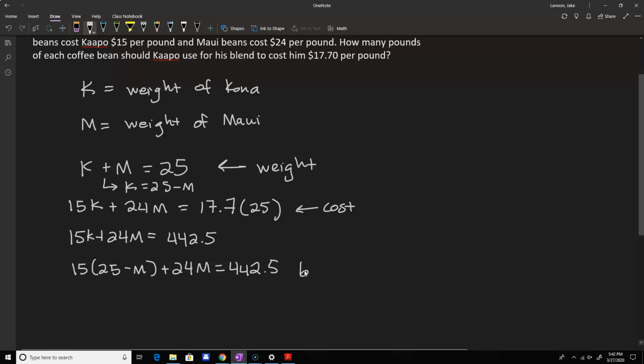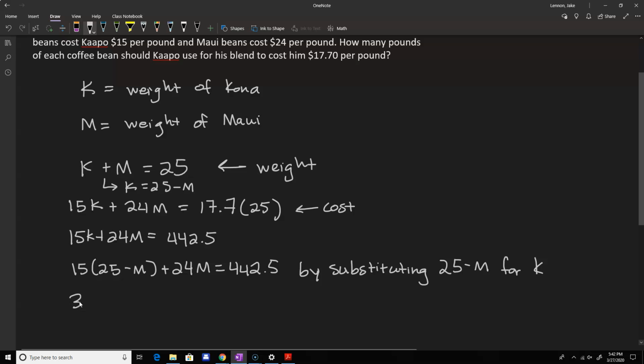This is by substituting 25 minus M for K. To finish this equation, let's distribute: 15 times 25 and 15 times M to get rid of the parentheses.